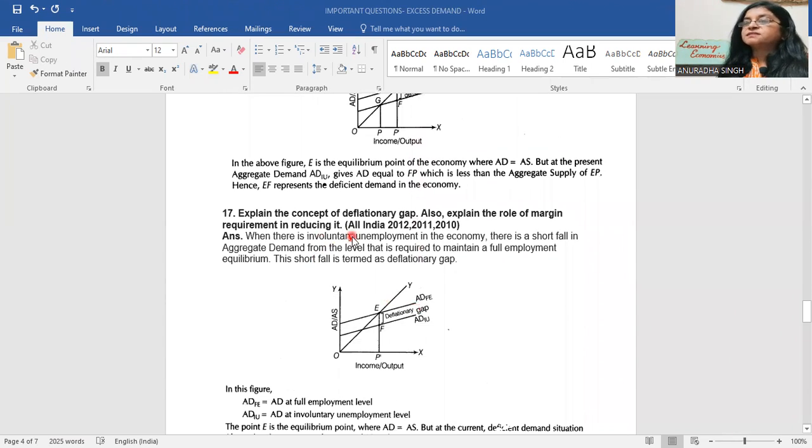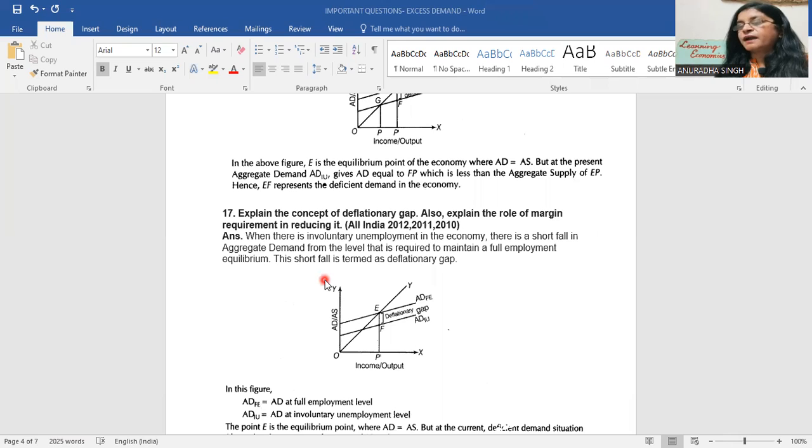Next is explain the concept of deflationary gap. What is deflationary gap? And they are asking how does the role of marginal requirement help in reducing it? What is marginal requirement? When we go for taking a loan, we have to have some marginal amount with us, and we should have certain securities so that we can take the loan.